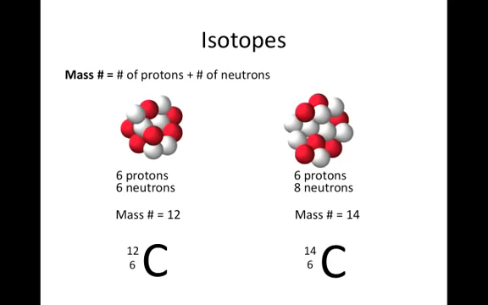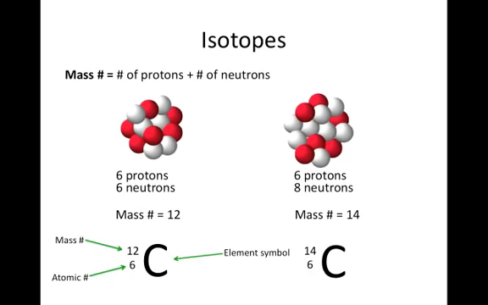These can be represented in different ways. We use the element symbol, the mass number, and the atomic number in order to represent an isotope of an element. We see that the representation on the left is different from the representation on the right, but it differs by only one small factor.